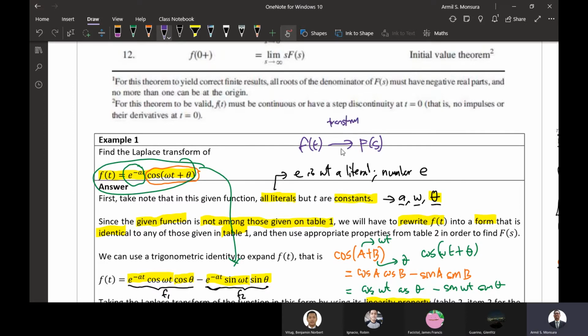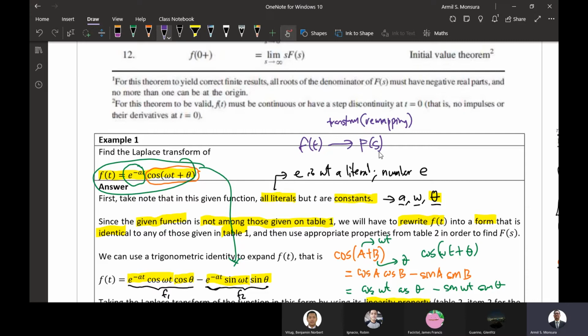So we don't really have the notion that f of t is equal to F of s. Actually, that's not true. f of t is not equal to F of s. Okay? Ang transform operation kasi is more of remapping. Okay? This is more of a remapping process. Okay? Not rewriting your function in another form.